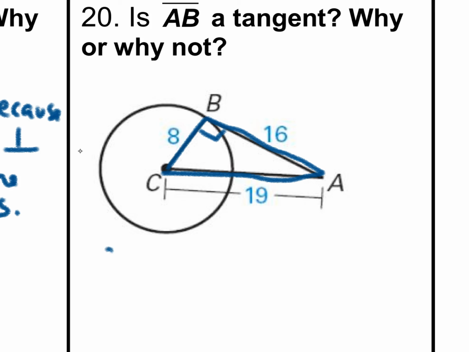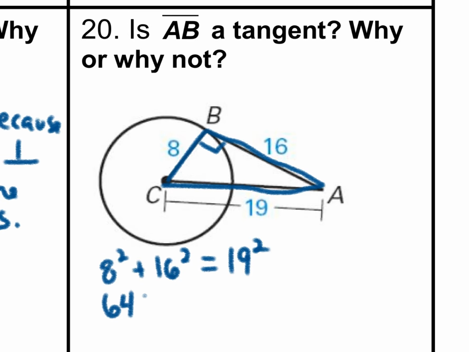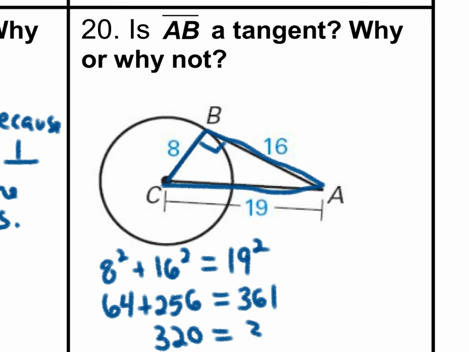What we'll have to say is that 8 squared plus 16 squared is equal to 19 squared. So we do some math here, put it in the calculator. 8 squared is going to be 64. 16 squared is 256. And then 19 squared is 361. If we add 64 and 256, we're going to get 320. And then it says that's equal to 361.